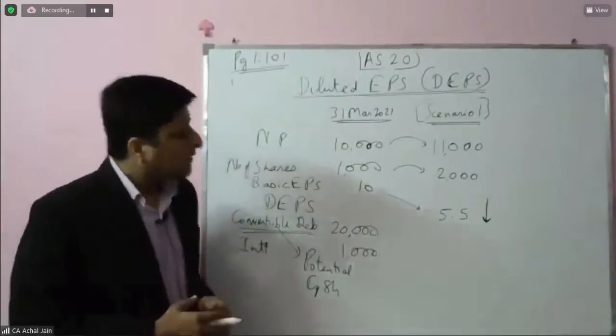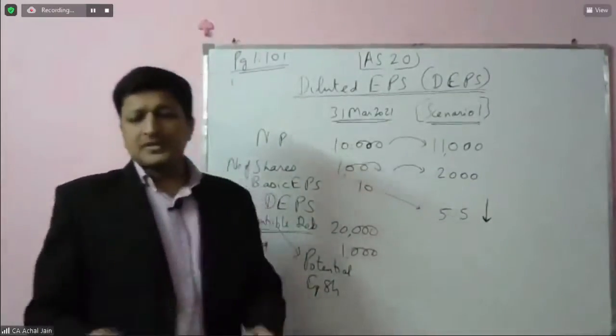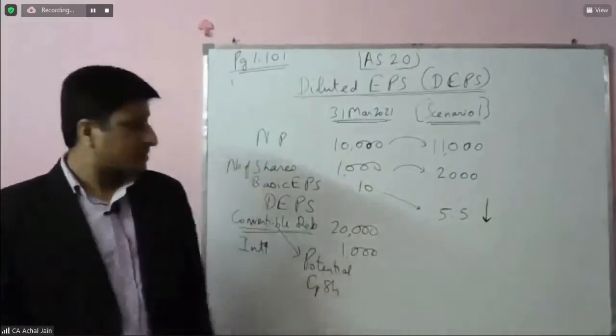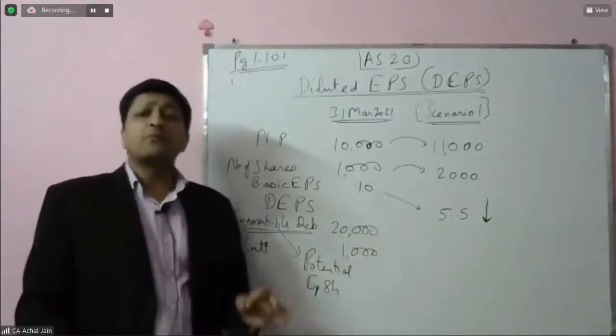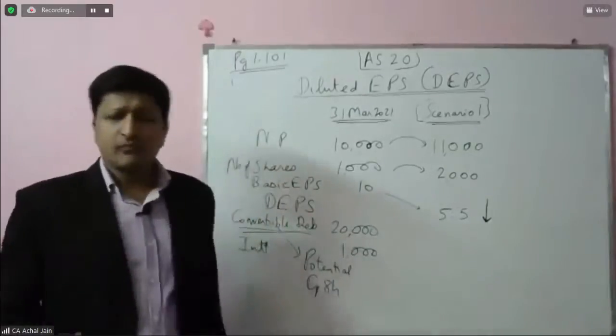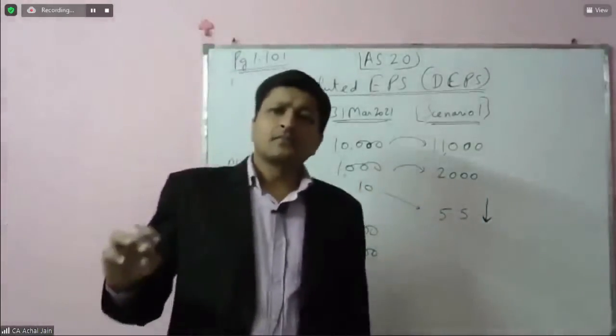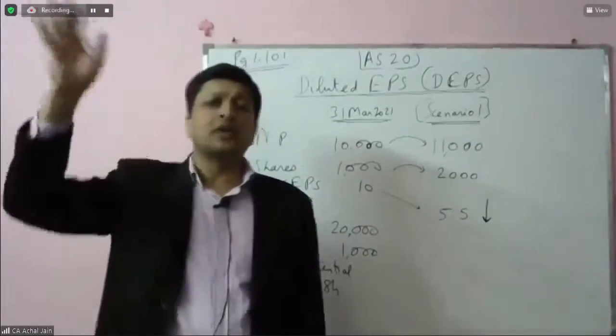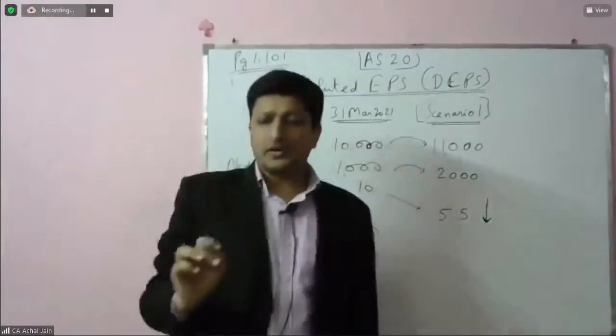Now the question which Gilbert has asked me: sir, how many years before we need to compute this? Whenever you have potential equity shares, whether it may get converted into equity in future or not, we are not worried about it.